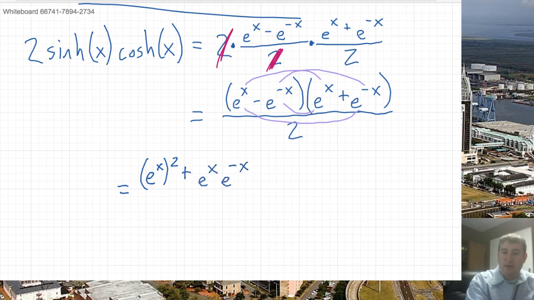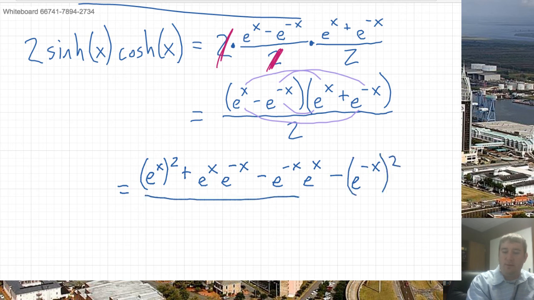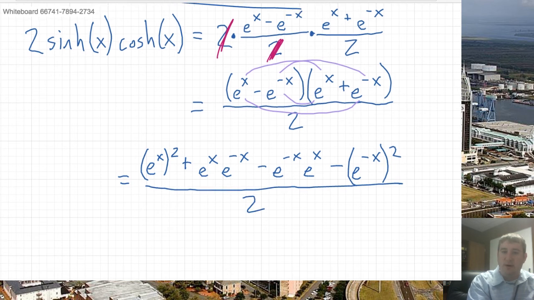All right, minus e to the negative x times e to the x. And then the last two multiply together, negative e to the negative x times e to the negative x. That's going to be minus e to the negative x all squared. We'll divide that by 2, as it is on the line above.